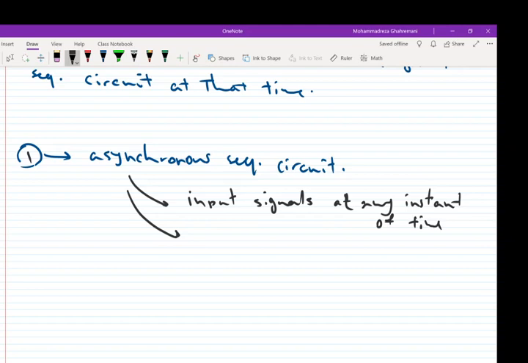And also depends on the order in which the inputs change.